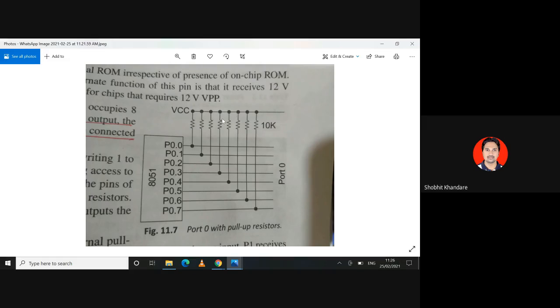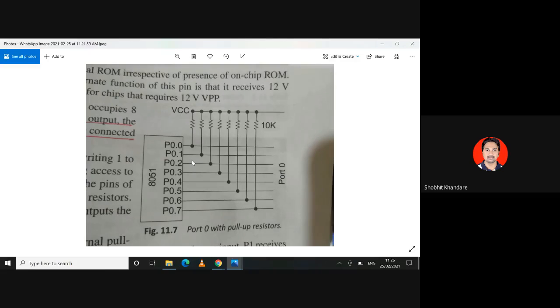These 10K resistors, total there will be 8, are called pull-up resistors. Pull-up resistors means these resistors pull up to the VCC, that is 5 volt, or whatever voltage you are giving.